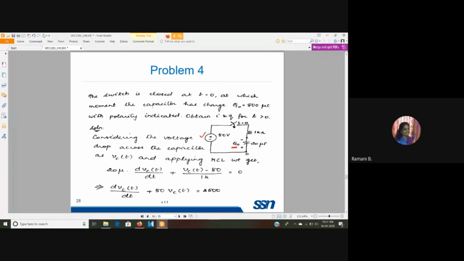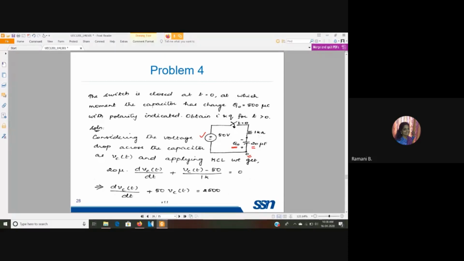Just now we saw Q is equal to C into V. You are given Q and you know the value of C, so you can find the initial voltage. However, you have to look at the polarity. Here the polarity is actually inverse if we consider this to be the reference. So you need to be careful while finding the initial voltage across the capacitor.